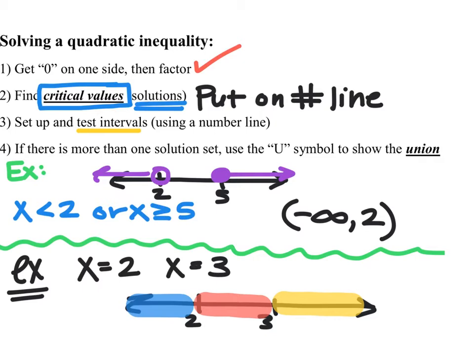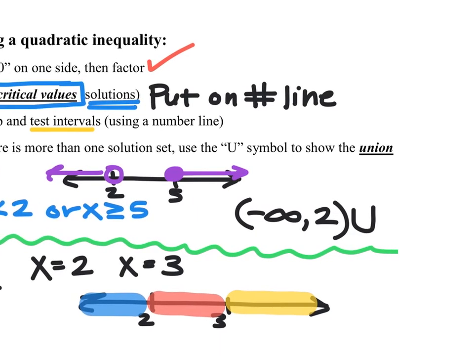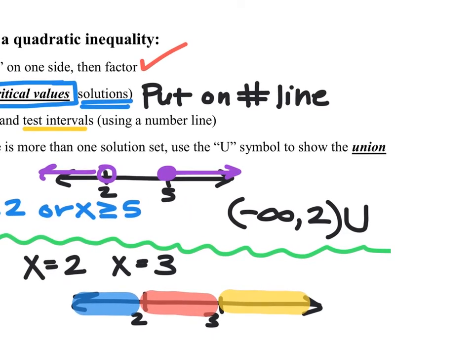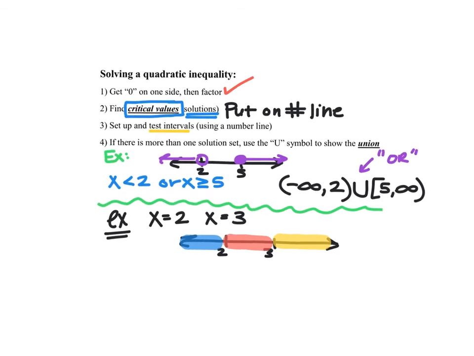The graph also starts here at 5, and then it goes until infinity. So we use this U symbol, and then we say this one starts at 5, includes 5, and goes to infinity. So there are 2 parts to the graph here. This U just means or. It means union. So that's the bottom line.